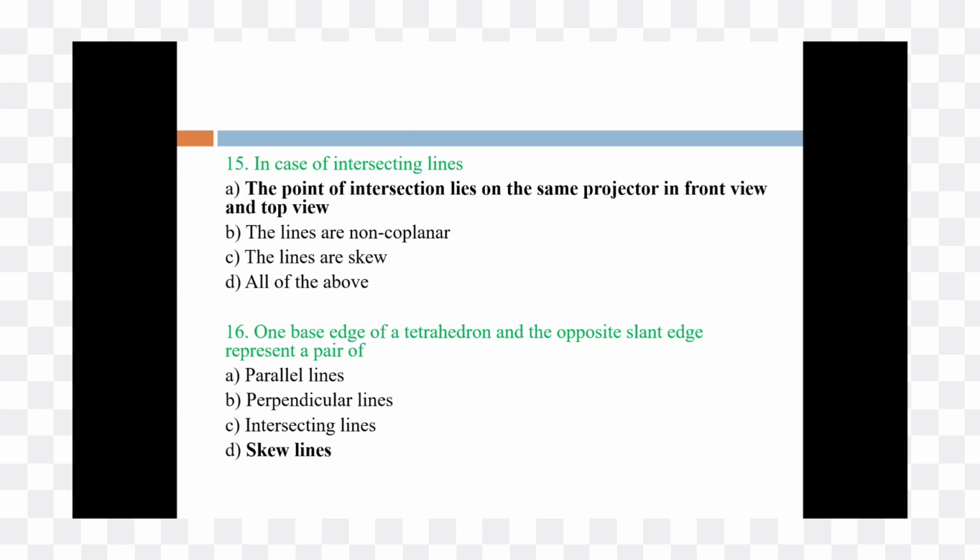These two lines will be skew lines, because when you observe from the front view they look like they are intersecting, but they are not intersecting. So that's why this will be skew lines, so that option will be correct.